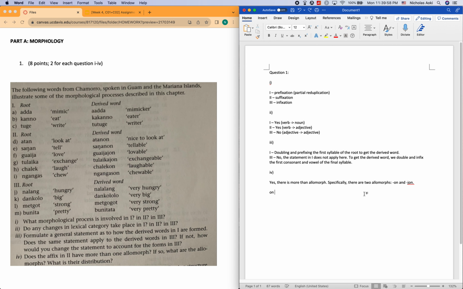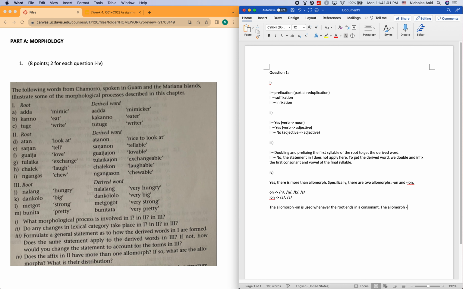When we use on, the final consonants we see are N in letter D, N again in letter E, K in letter H, and S in letter I. Then F and G are the only ones that use this yon marker, and they both end in A. We don't have that much data, so it's hard to make a definitive rule, but we can at least conclude that a possibility is that the allomorph on is used whenever the root ends in a consonant.